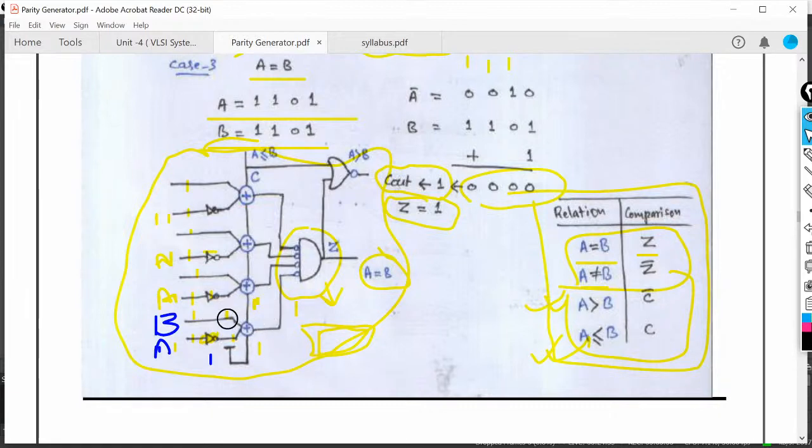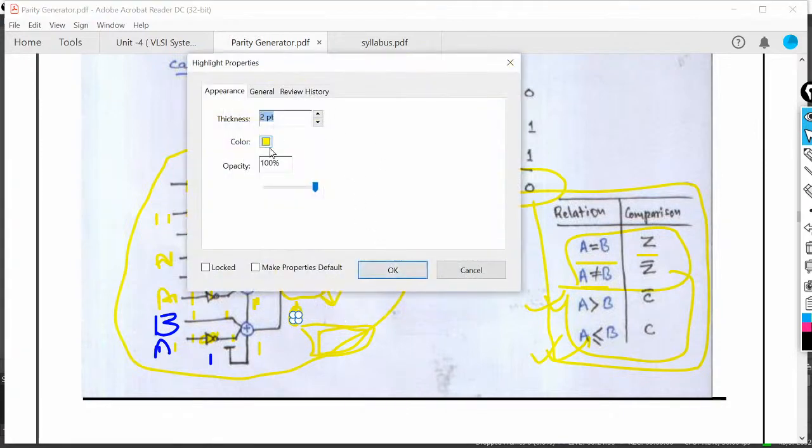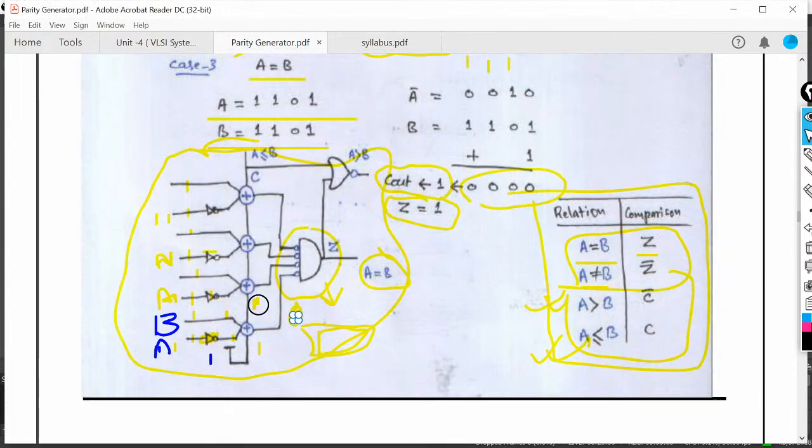Clear? Okay, here you can see 101 again, the combination repeats. When two inputs are 1, the sum will be 0 and carry will be 1.